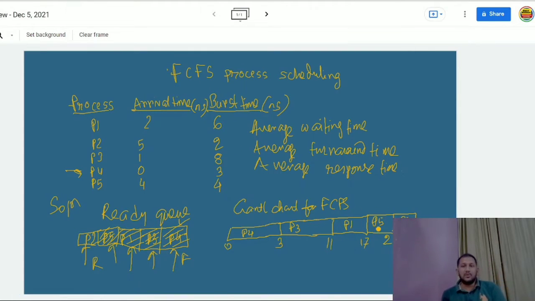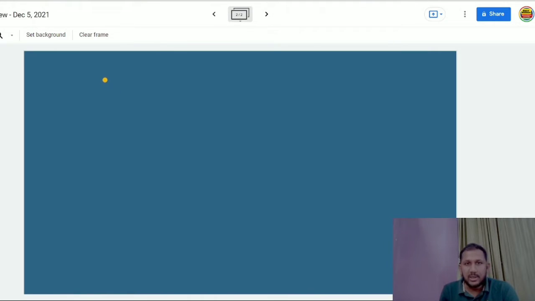Now this is the Gantt chart for FCFS. To find out the average waiting time, average response time, and average turnaround time, first of all, we have to write the previous table, that is process, arrival time, and burst time. All are in nanosecond.